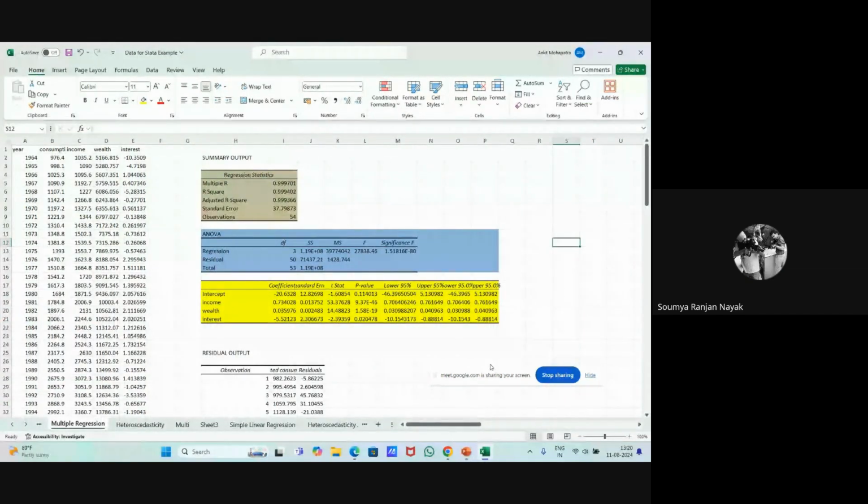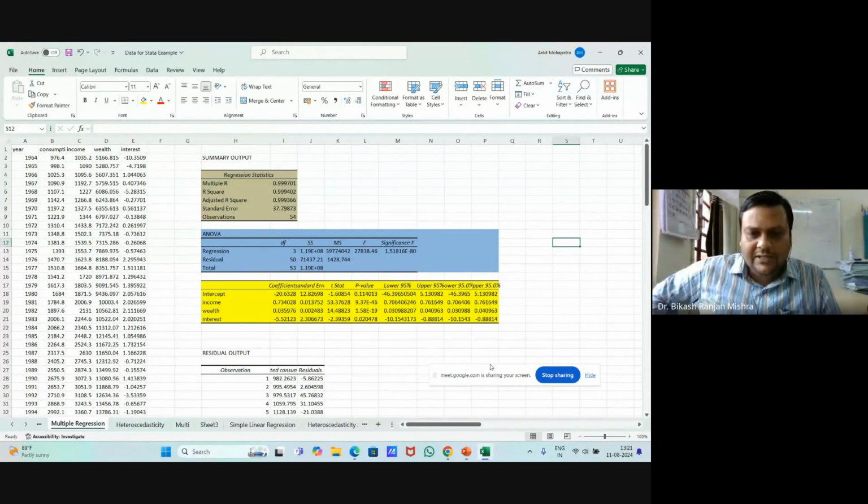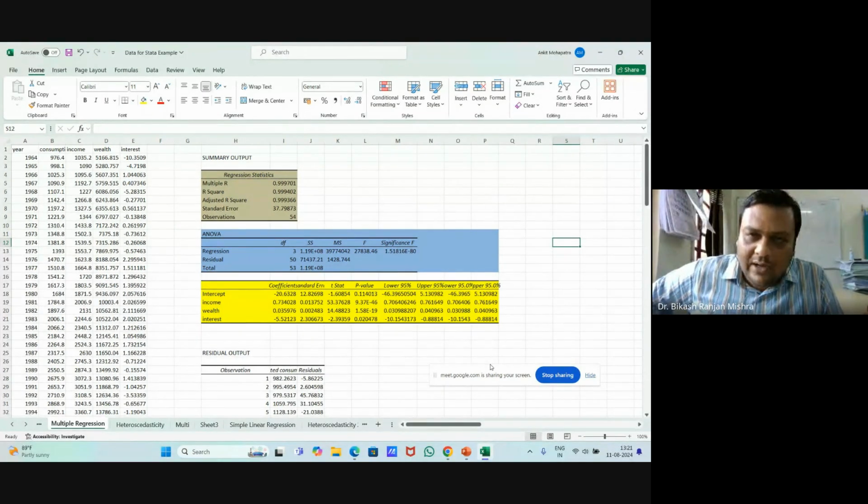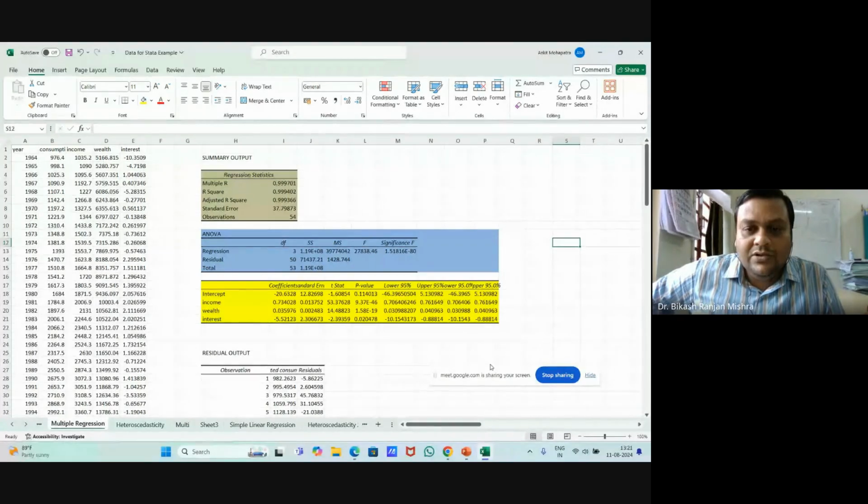Sir, if we go back, does the T stat column have any significance, or are the values just table values? They are not table values. There is something called a calculated value and something called a tabulated value. These values are actually calculated values. These calculated values need to be compared with the tabulated value.